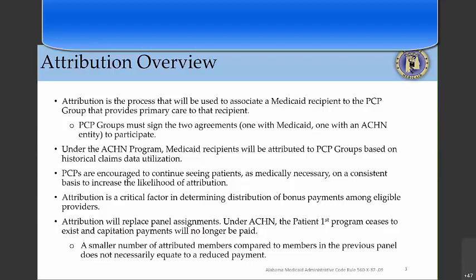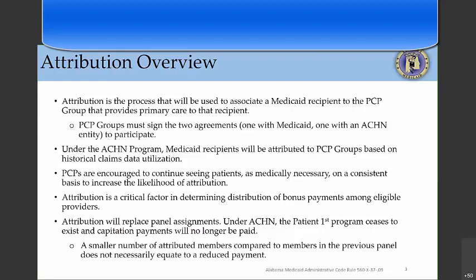PCP groups must sign the two agreements, one with Medicaid, one with the ACHN entity to participate. Under the ACHN program, Medicaid recipients will be attributed to PCP groups based on historical claims data utilization.